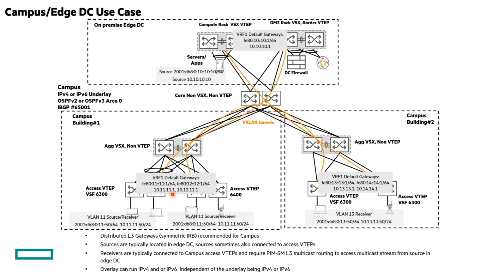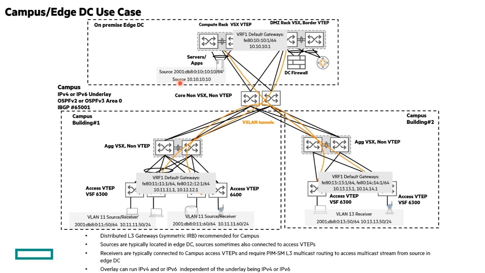Now in this scenario, sources are typically located in the data center, and we can see in the data center we have a v6 and v4 address, with a unique local address starting 2001 in a totally different subnet, but in the same VRF as in the campus, as well as the IPv4 address.